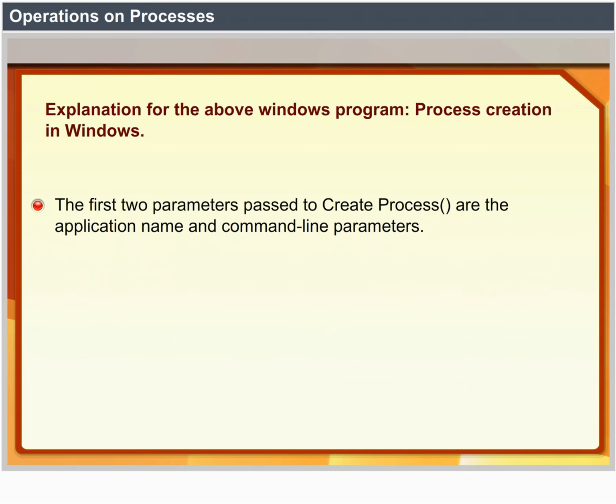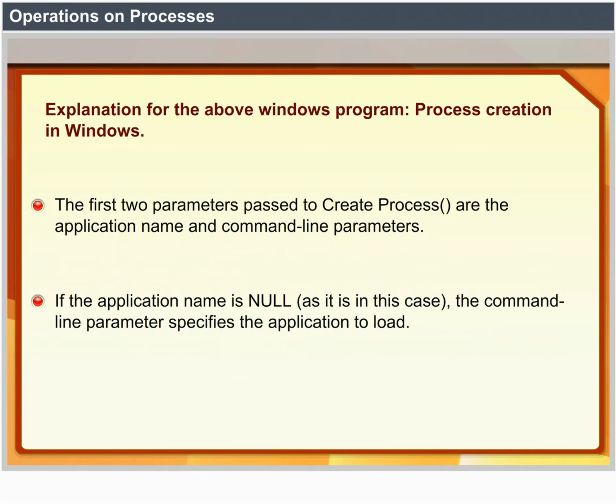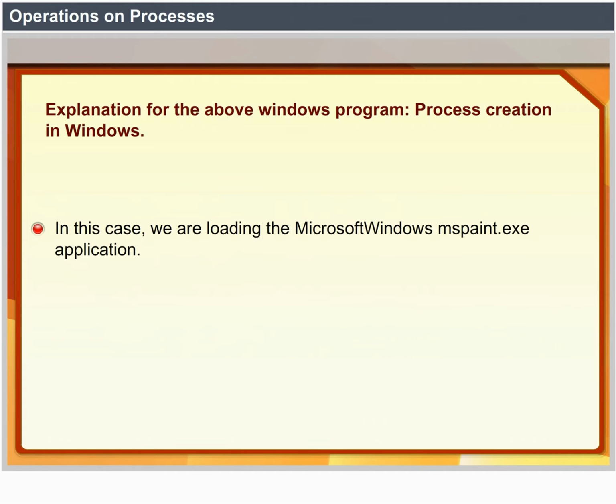The first two parameters passed to CreateProcess function are the application name and command line parameters. If the application name is null, as it is in this case, the command line parameter specifies the application to load. In this instance, we are loading the Microsoft Windows mspaint.exe application.